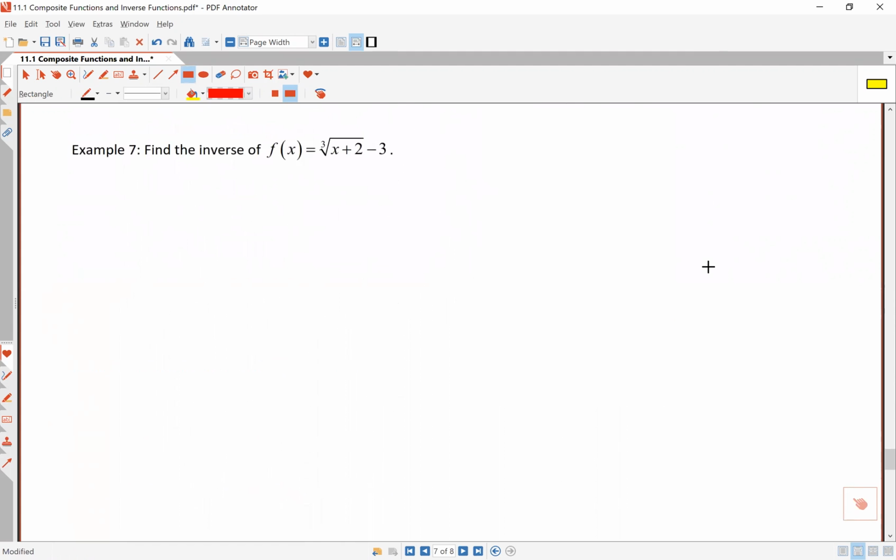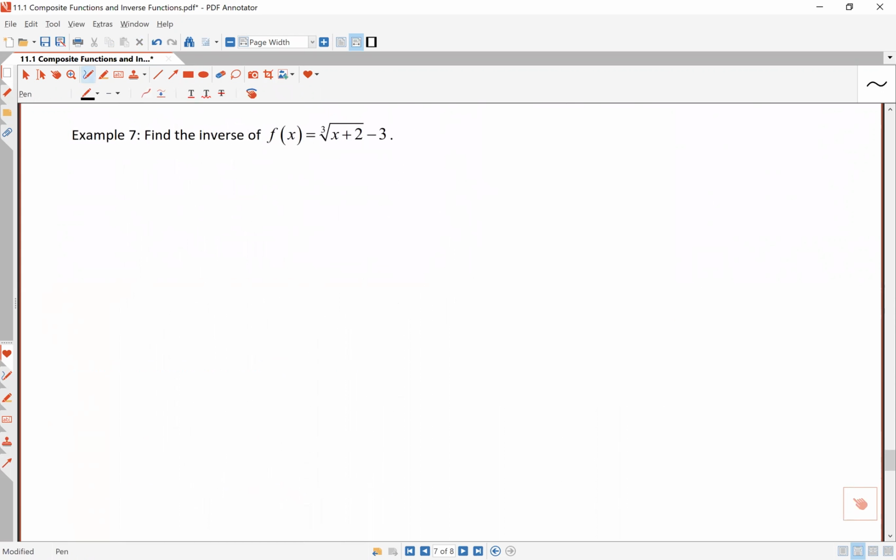Example 7, find the inverse of a cube rooting function. We should expect to have some kind of cubing function result for our inverse. We know that cube root and cubing are opposites of each other. So we do the first foremost step, which is getting y back into the problem. And then we form the inverse. Swap x with y.